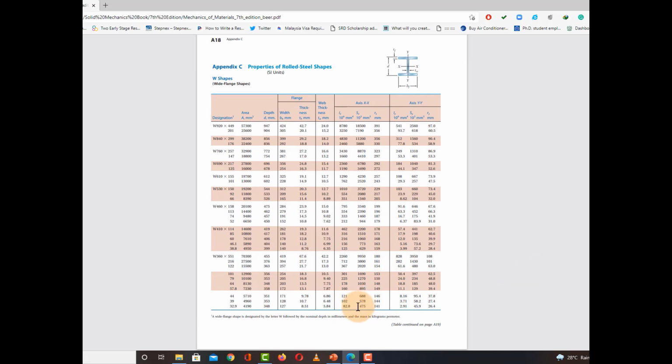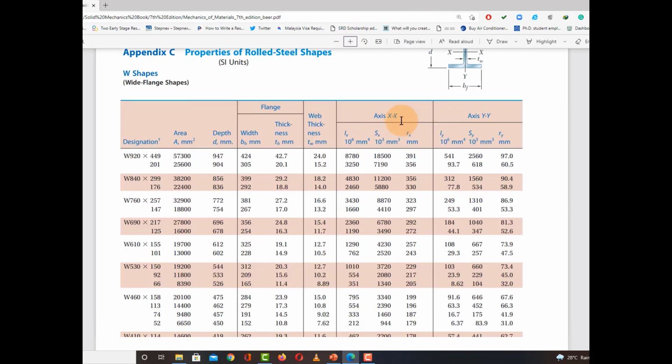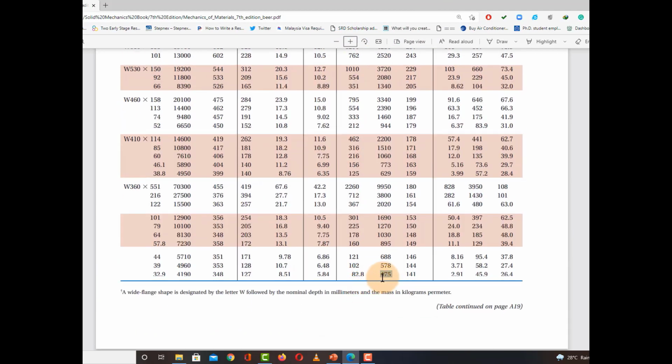So you can see there is a value of 475. Let me zoom it. There is a value of 475, that is W360 by 32.5. That is again greater than 422, so you can select this beam. You can select this, you can select this, all of these. Clear?